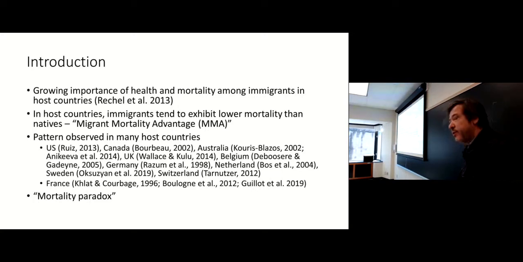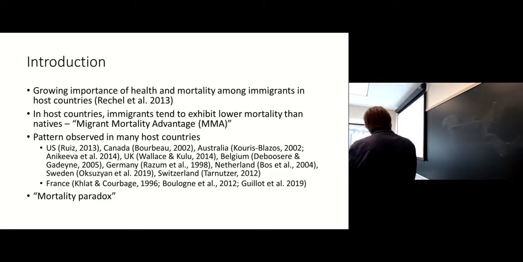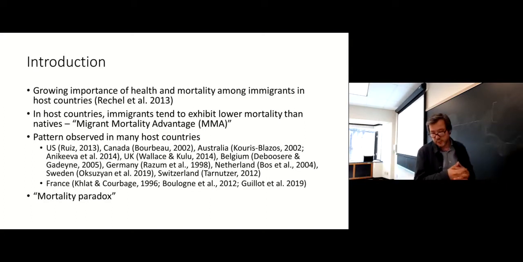So looking at the mortality of immigrants is important because it has implications for healthcare systems, for pensions, and for policy aiming at reducing health disparities. And if migration status is indeed a potential source of vulnerability, it's important to study these potential disparities.